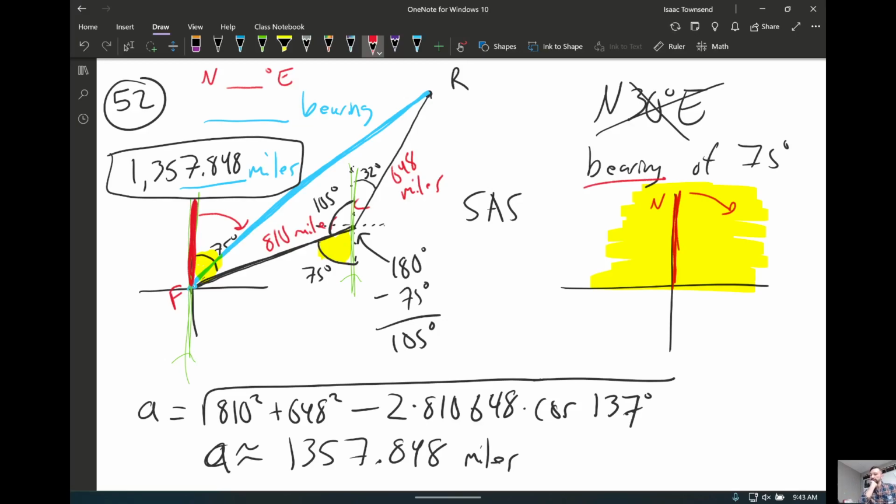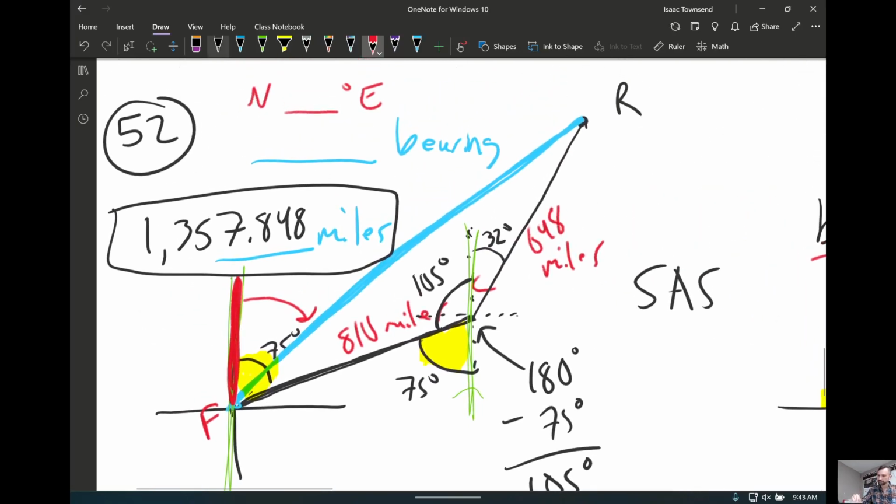To find this angle, let's see, I know this is 15. I know this is part of 75, but I don't know exactly how much yet.